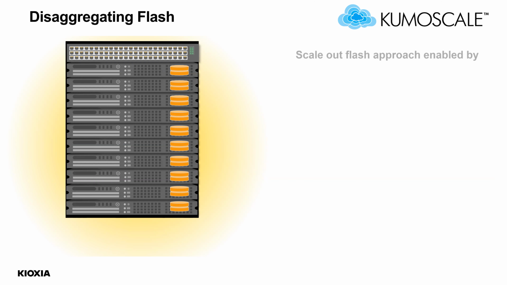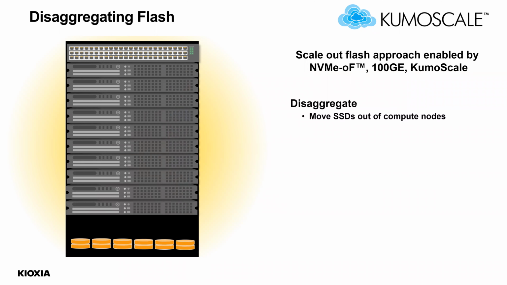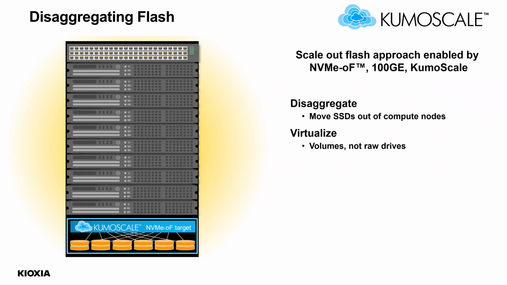So disaggregating flash. Let's talk about what that means. Scale out flash. The approach is enabled really by the advent of the NVMe over Fabric standard, and high bandwidth networks. Network bandwidth has been growing much faster even than SSD capacity, and so 100 gig Ethernet is routine now. And software like CumoScale and others enables customers to disaggregate, move the SSDs out of the compute nodes, virtualize them into volumes instead of sharing these raw drives, which are too big and too performant, and then share them back over the network to the compute nodes.